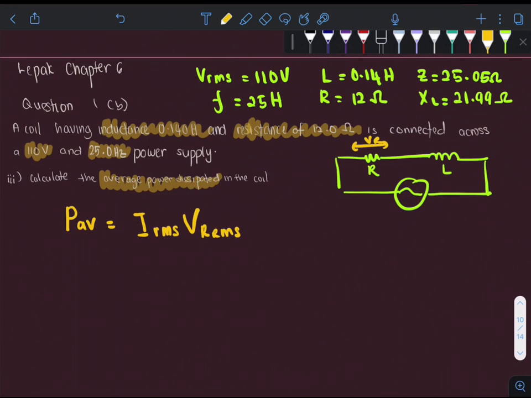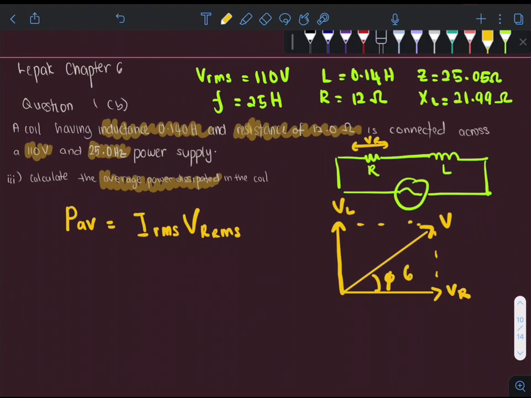So according to the phasor diagram that we have for this question here, we have the voltage across resistance and also the voltage across the inductor, where the resultant voltage is somewhere here, which we have already found in our previous question with a phase angle of 61.4 degree. As you can see here, the voltage across the resistor is along the x-axis.